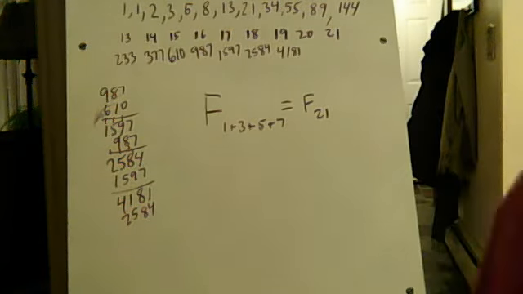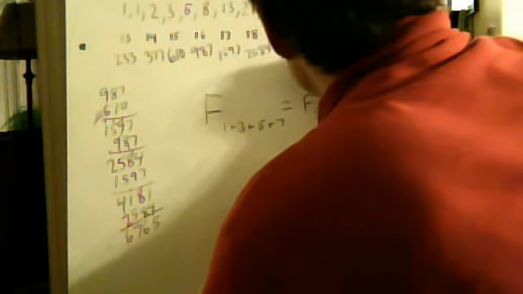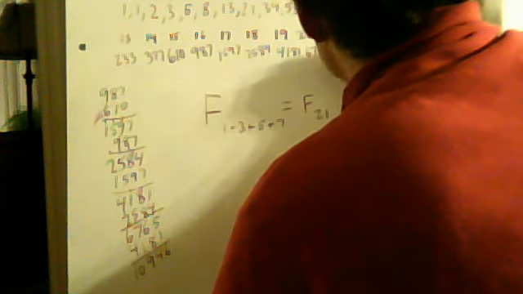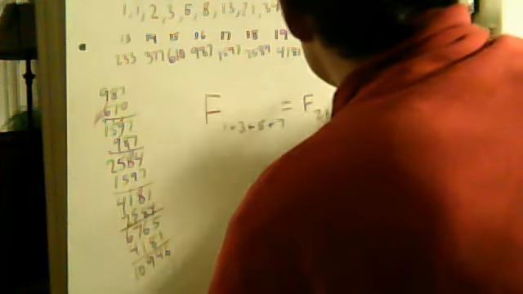That's 4,181. Plus 2, 5, 8, 4. Okay. 5, 6, carry the 1. 7, 6, 6,765. Add 4,181. 6, 4, 1, 9, 10. 10,946.